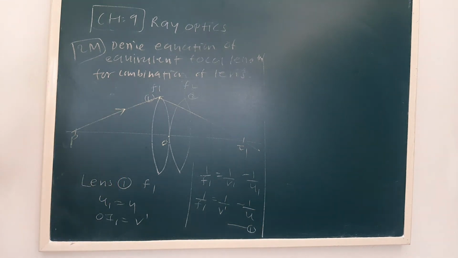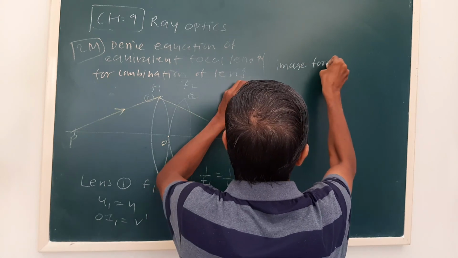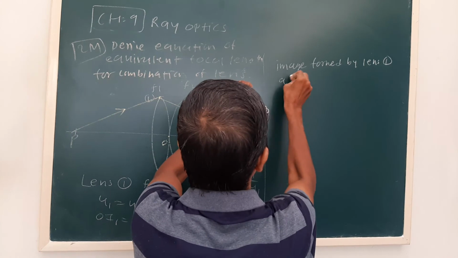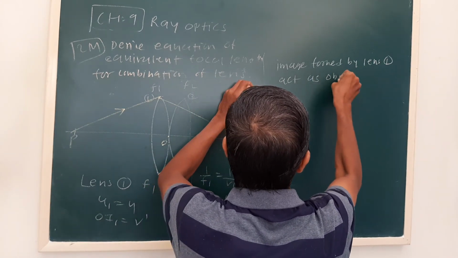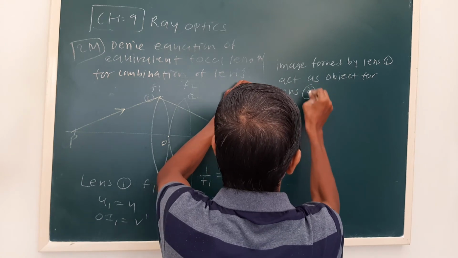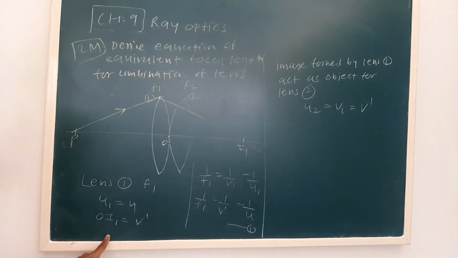Now see, the image formed by lens 1 will act as an object for lens 2. So we can write u2 is v1, that is, what we have taken as v dash.